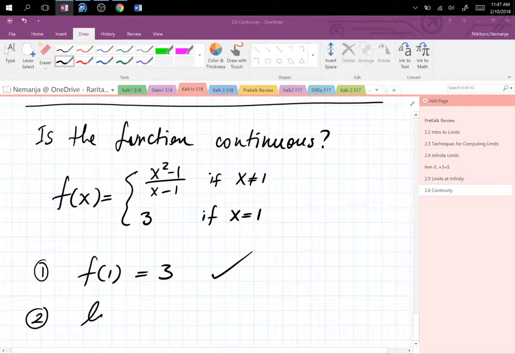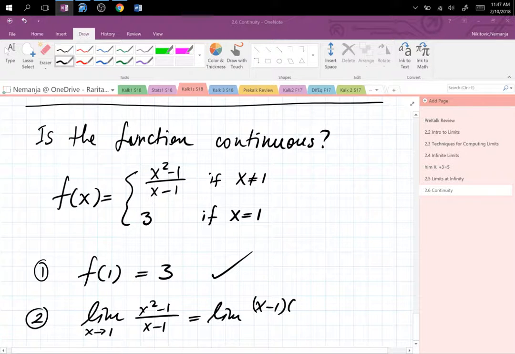Rule number 2, does the limit as x approaches 1 exist of x squared minus 1 over x minus 1? Yes? Okay, let's see. Limit of x minus 1, x plus 1, we have to factor, right?